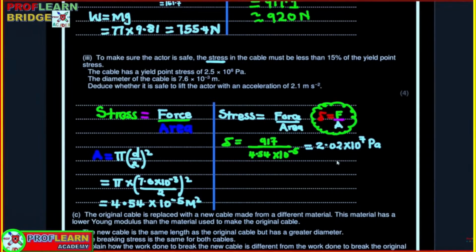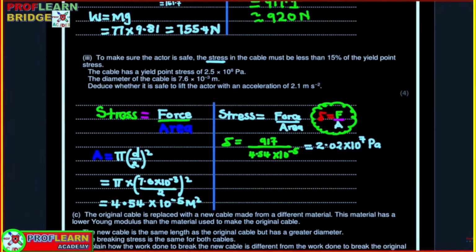So we are told that the stress of the cable must be less than 15% of the yield point stress. And the yield point stress was given as 2.5 times 10 raised to the power 8. So we're going to find the percentage of this in comparison with the yield point stress.